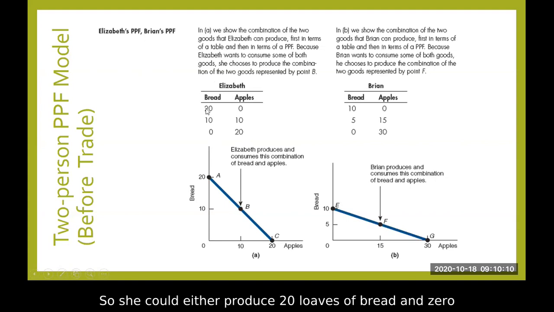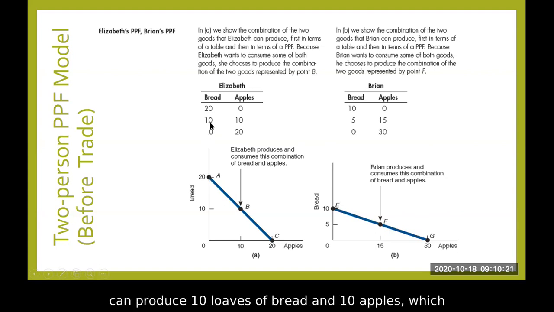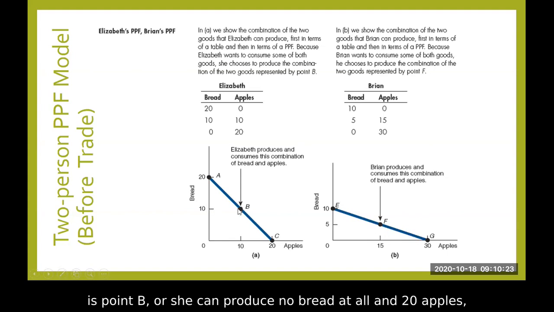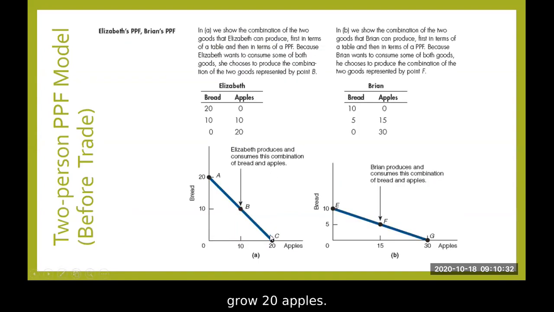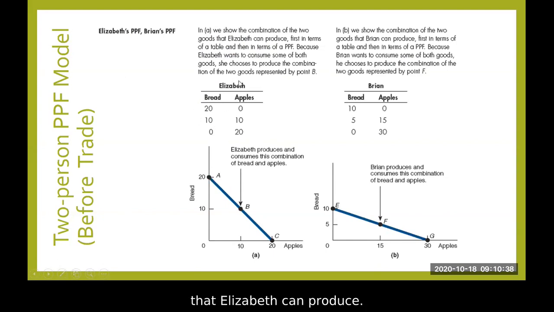She could either produce 20 loaves of bread and 0 apples, which is point A. Or she can produce 10 loaves of bread and 10 apples, which is point B. Or she can produce no bread at all and grow 20 apples. So these are three different possible combinations of output that Elizabeth can produce.